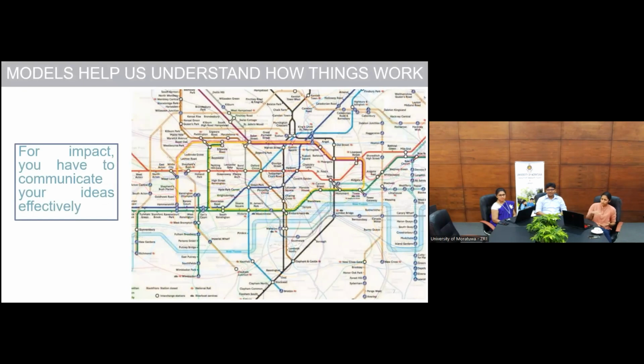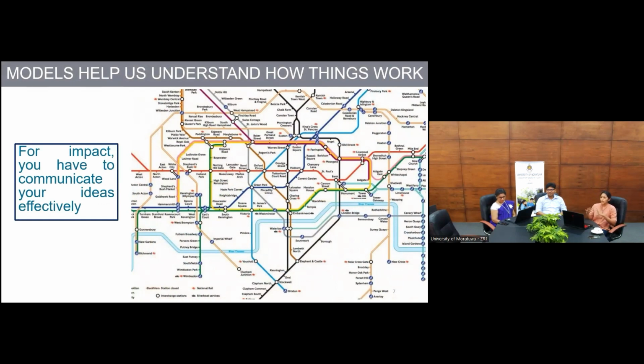However, if you shift to a more abstract, more simplified representation, where you go a little bit away from reality, but simplify what you are trying to say, your point becomes a whole lot clearer. So if you were now to figure out how you would move from, let's say, Old Street over here to Green Park, you can clearly see you go one station up to Moorgate, and then you shift to the purple line. And basically, it's much easier to plot your path if you are looking at a more simplified picture.